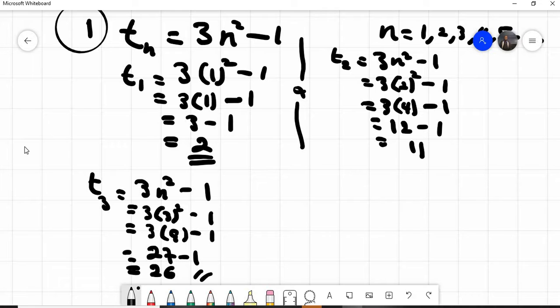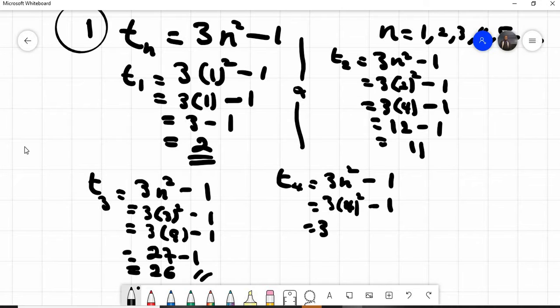Now T4 is 3n squared minus 1, which is 3 times 4 squared minus 1, which is 3 times 16 minus 1.